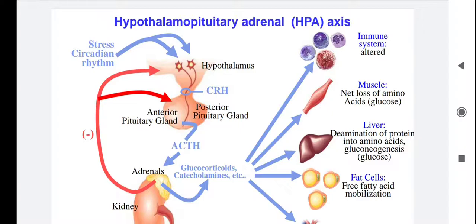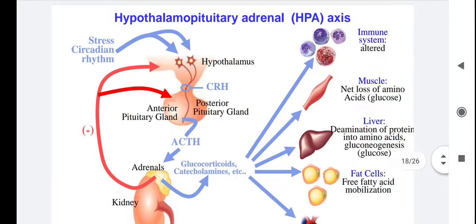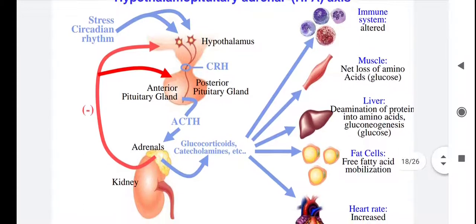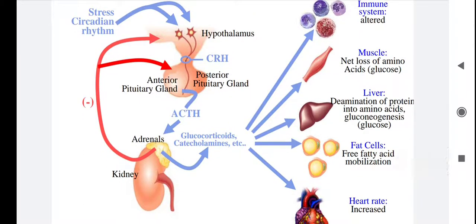From the stress circadian rhythm: when we have stress, the hypothalamus secretes corticotropin-releasing hormone. The releasing hormone from the hypothalamus stimulates the anterior pituitary gland to produce adrenocorticotrophic hormone. Then this hormone stimulates the adrenal gland to produce glucocorticoids and catecholamines.